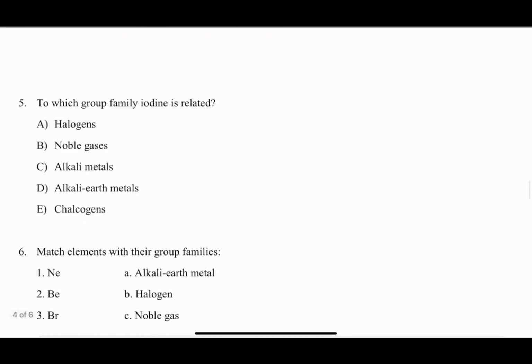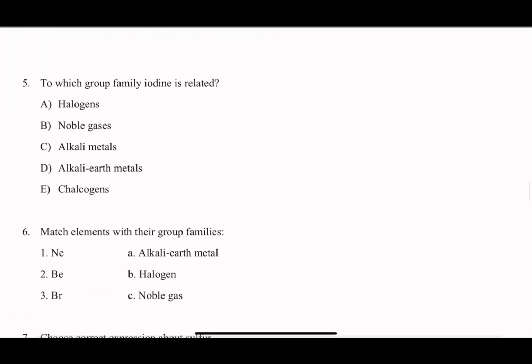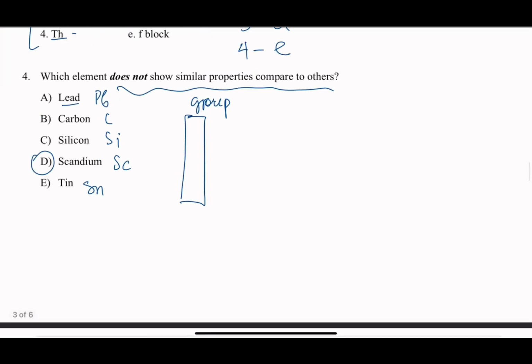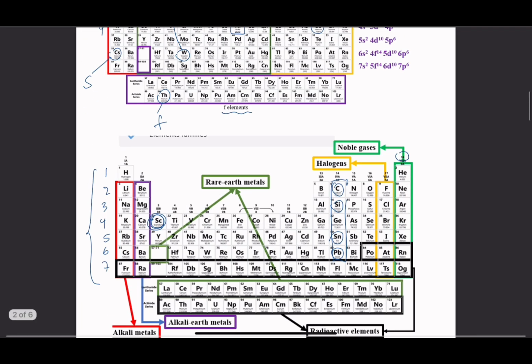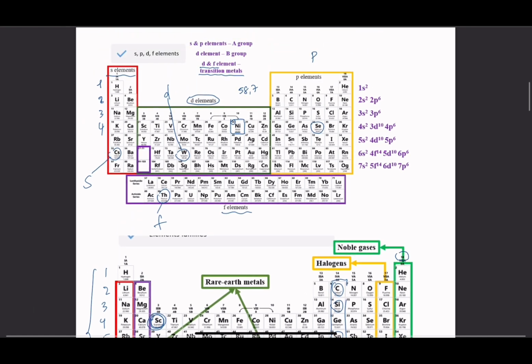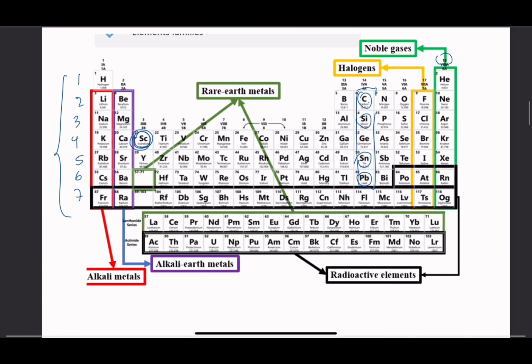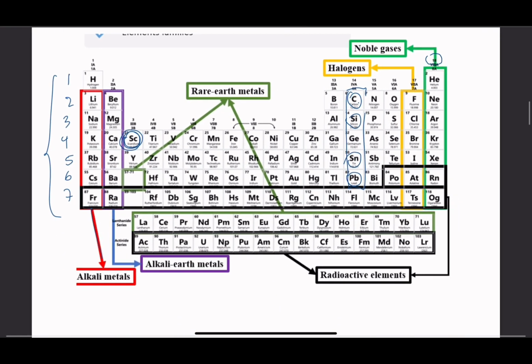Okay, so question 5: to which group family is iodine related? We know we divided these elements from our SCORM package. We have alkali metals and alkali earth metals, halogens, noble gases, and some rare earth elements.